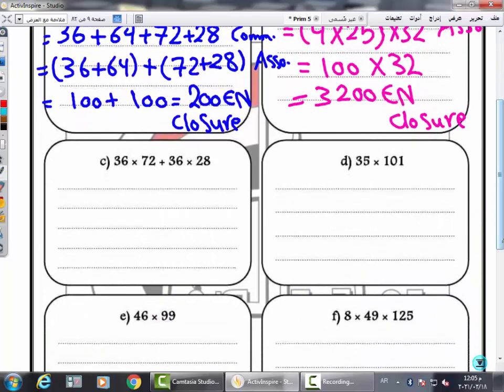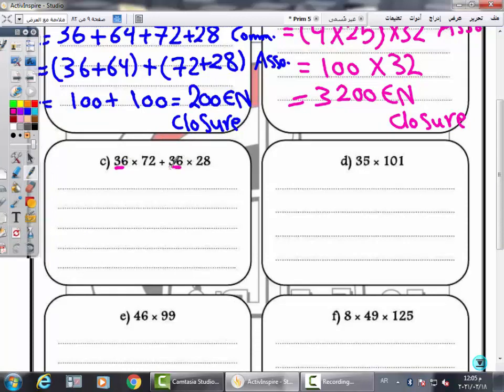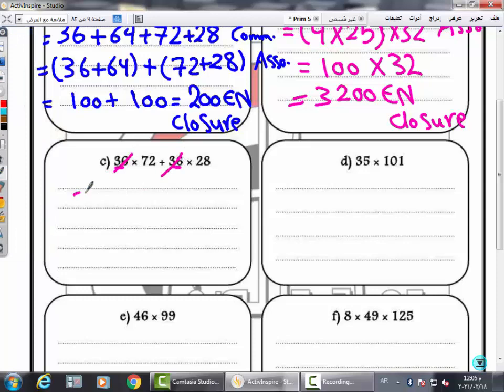The third example: 36 times 72 plus 36 times 28. We find that we have 36 in both. We cancel 36 with 36 and write it outside, and open brackets, and we put 72 plus 28.